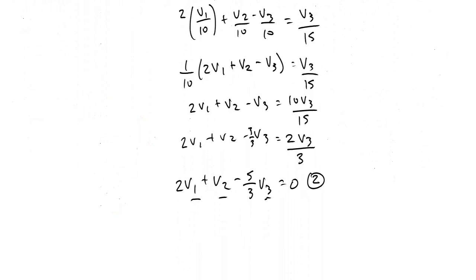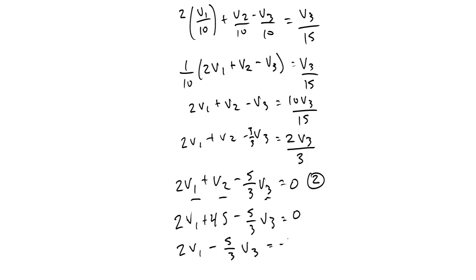Plug in 45 volts for V2. So then we get, I want to move this up here. Well, after I do this. 2V1 plus 45 minus 5 over 3 V3 equals 0. Let's move things over. So we have 2V1 minus 5 over 3 V3 equals negative 45. That's our new 2.